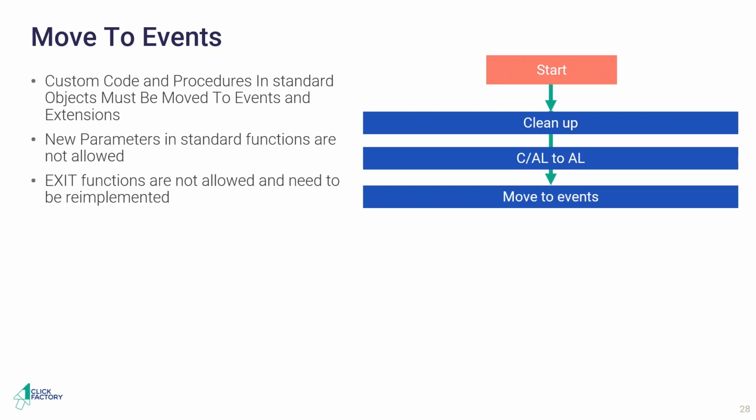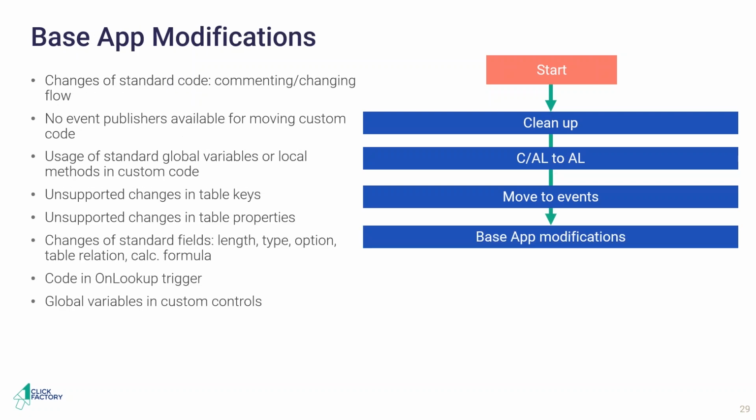So these exit functions need to be re-implemented, maybe with some handlers, but they're not easily re-implemented. That means that when I have some code that I know I'm not able to move, I need to start thinking about what modifications I should leave in the base app.